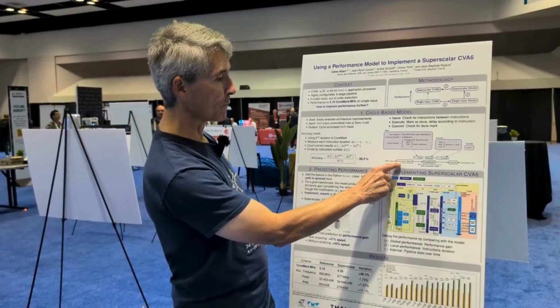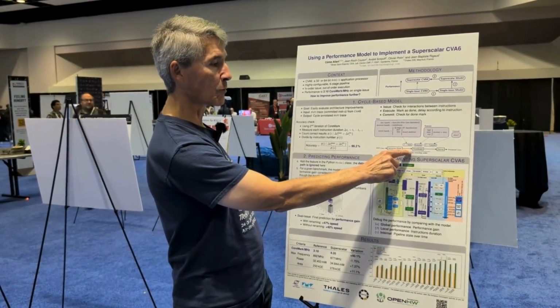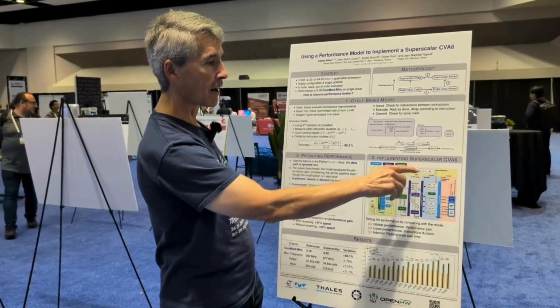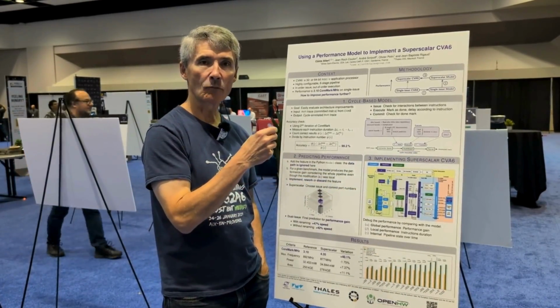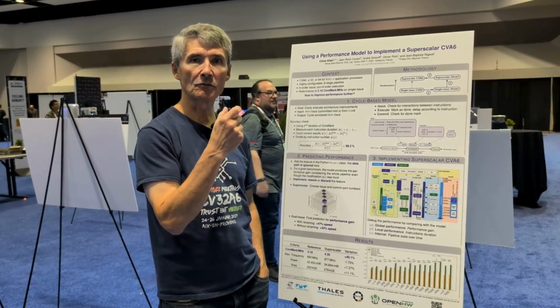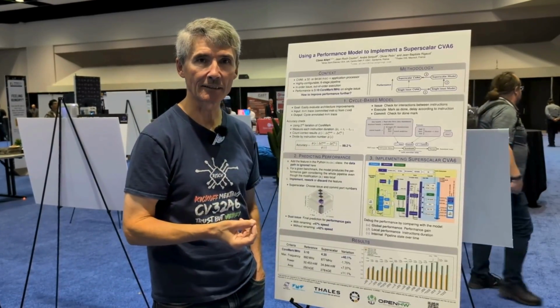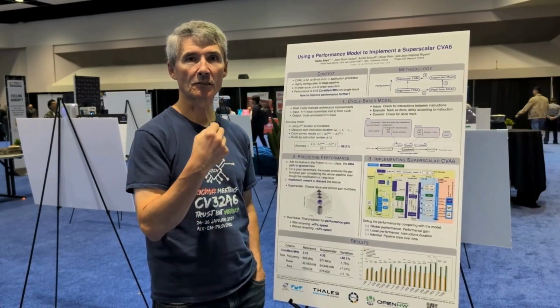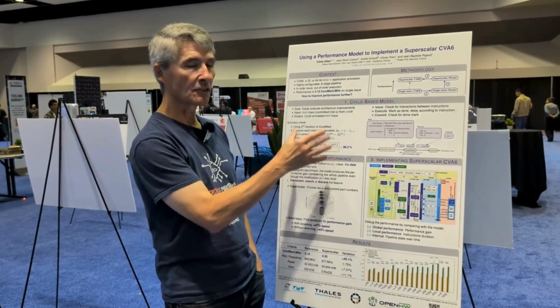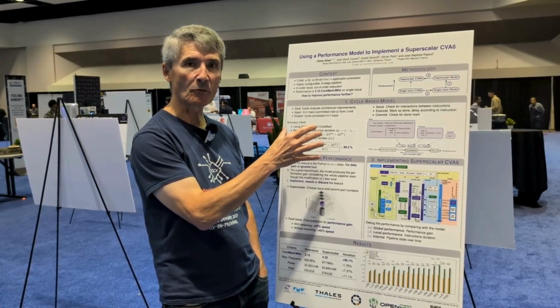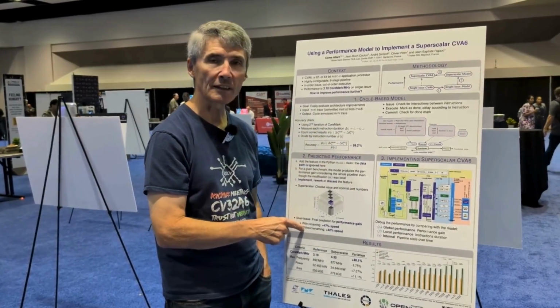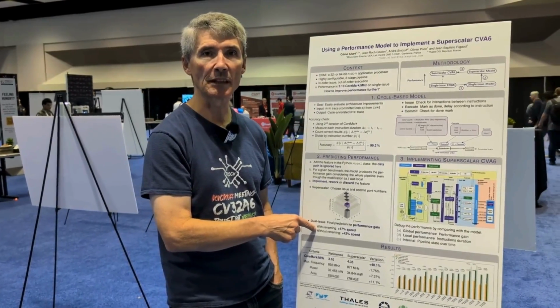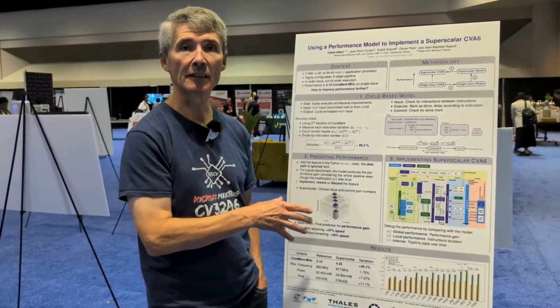So it would model the instruction queue, the scoreboard, and the retirement unit. And once they developed that model, they could do things like add additional execution units or additional commit units, and they could use their performance model to measure what the expected maximum performance would be of the RTL should they make those modifications.